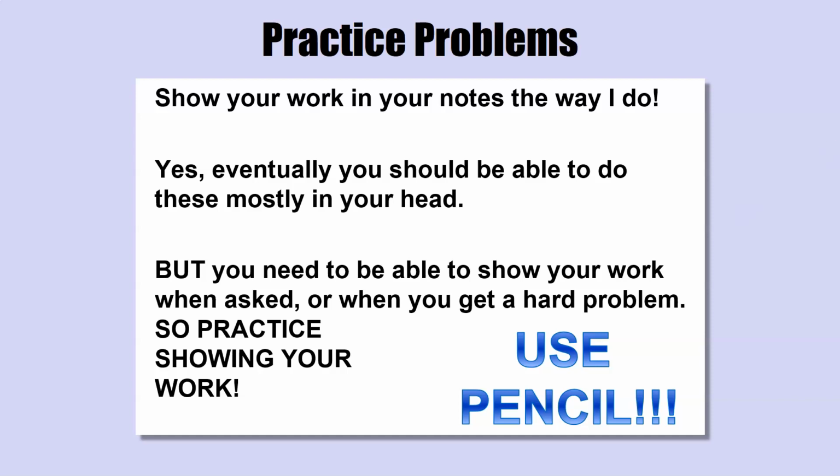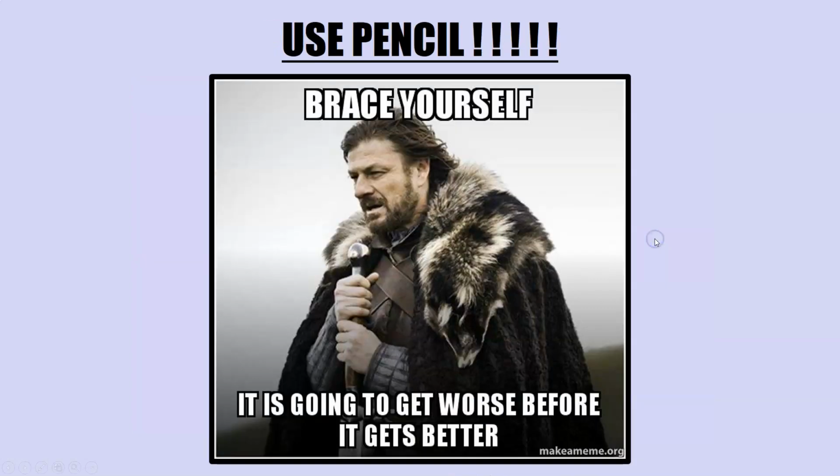The last thing that I just kind of want to tell people before we do some examples, related to this use pencil concept, is one of the things that's hard about balancing equations is you make one change to fix an element and something else gets way worse. So, I thought this was a funny meme, Game of Thrones here, right?